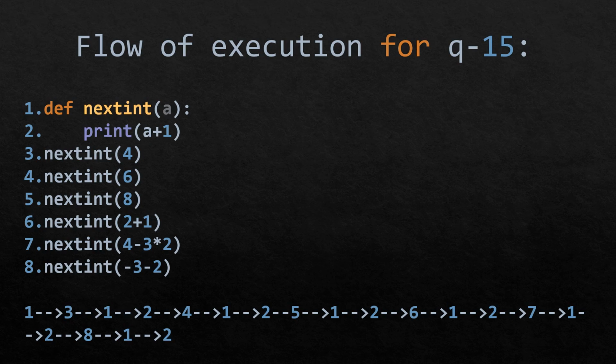After printing the statement, it will come out and go to line number 4. Again, in line number 4, the same function is called, so it will go to line number 1 and execute the function by executing lines 1 and 2. Then it will come out and go to line number 5. Like this, the flow of execution will go through.